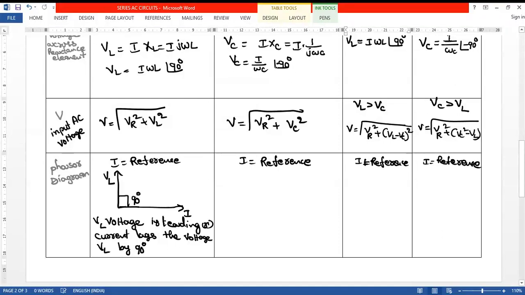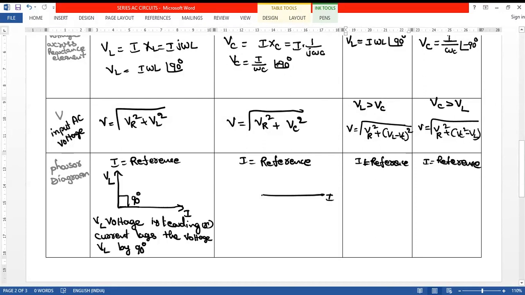Similarly, here also we are taking I as the reference, and here we get minus 90. So VC is equal to I by omega C at an angle of minus 90. With respect to the reference current, the voltage across the capacitor lags 90 degrees.